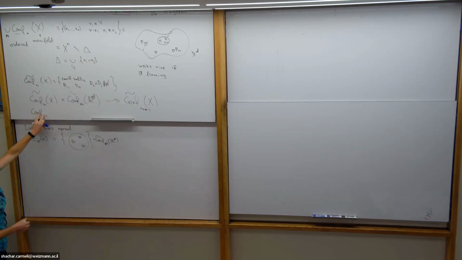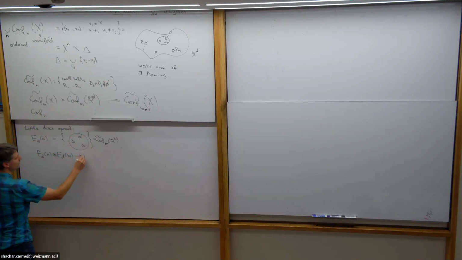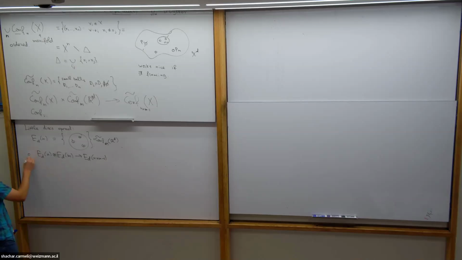What does it mean? That you have the map from E_d of n times E_d of m to E_d of n plus m minus 1, and this collection of maps is indexed by i going from 1 up to n, in which input you are substituting the second piece.